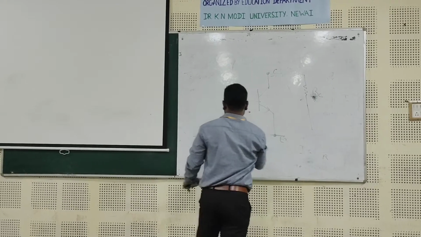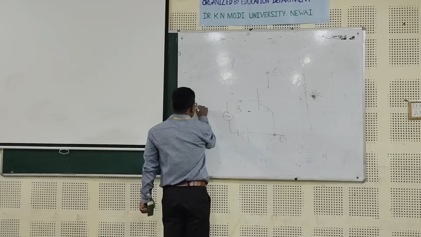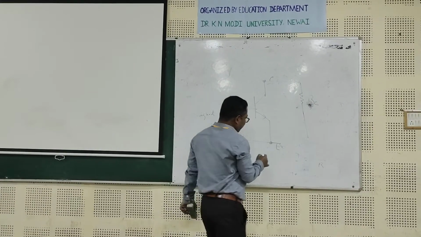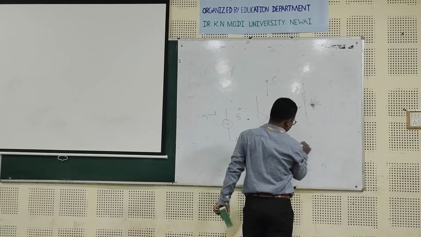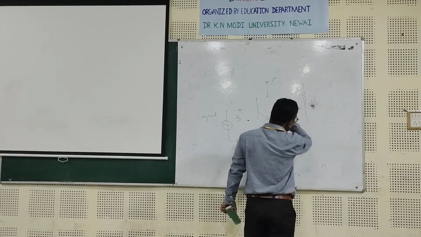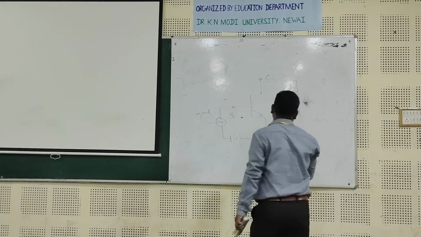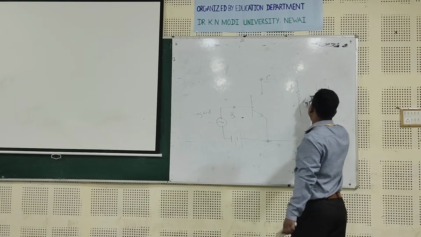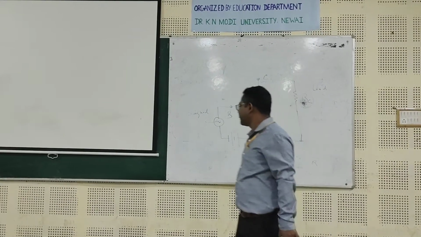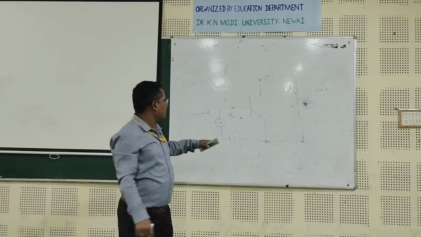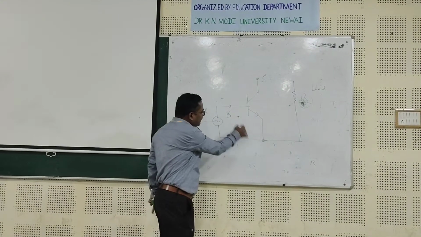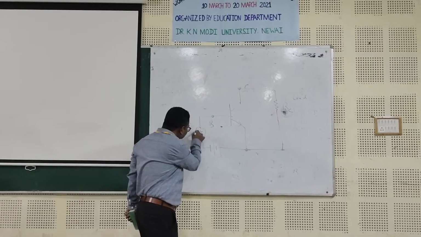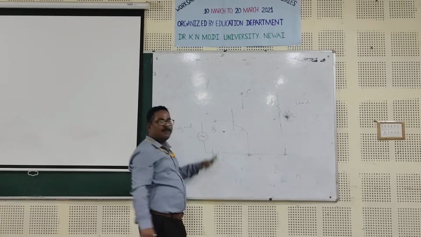This base-emitter junction is forward biased, so the input signal will be amplified.